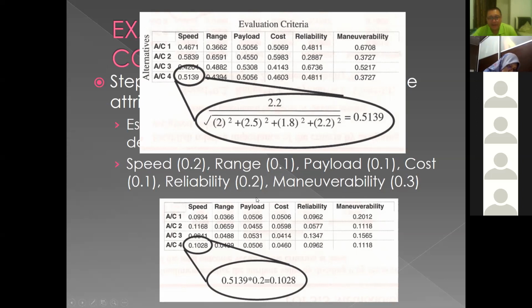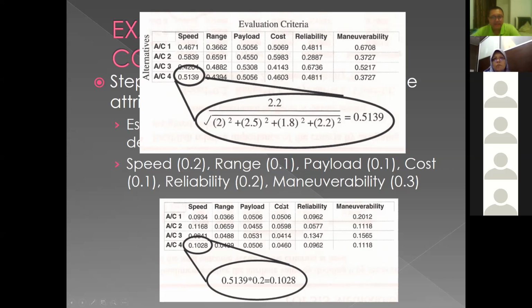But the numbers are up to you. QFD will help you to determine. So it depends on us to distribute it, but the total must equal 1.0. So the more criteria we have, the more we must distribute it evenly? Not evenly, it means like the weightage should be higher for the more important ones. Okay, got it.